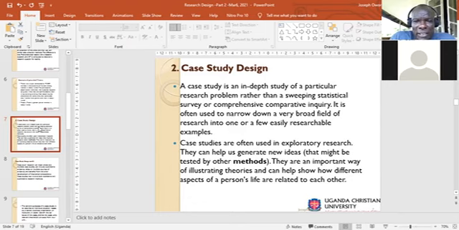What have you studied in detail? A detailed case study would probably mean you study only one department of it. Maybe the production department, maybe the marketing department, maybe the finance department, and you go deep. That is a case study.